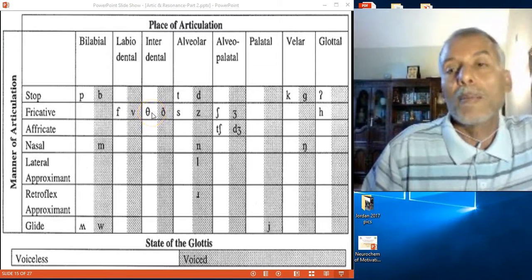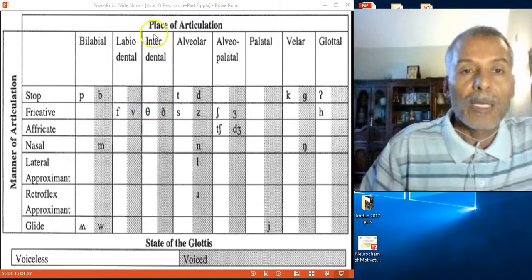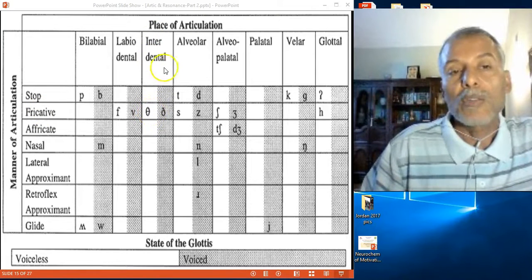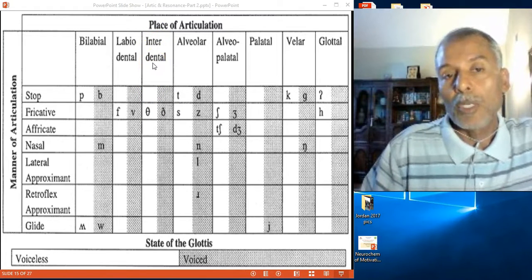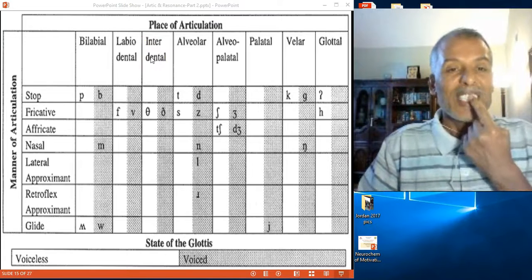Th as in math. It's voiceless, and then interdental and fricative. I tell you that this name, this placement label, interdental, can also be called linguadental, tongue, teeth.